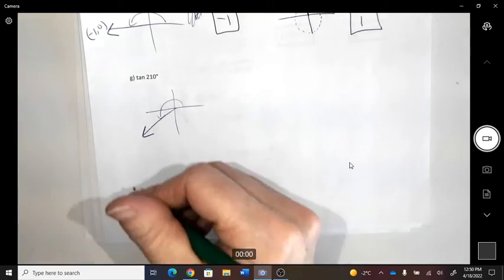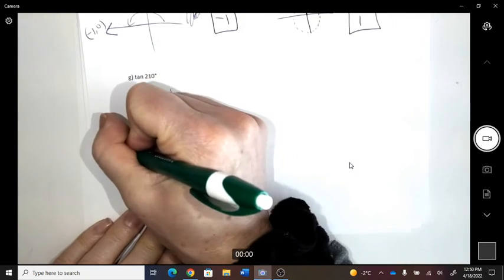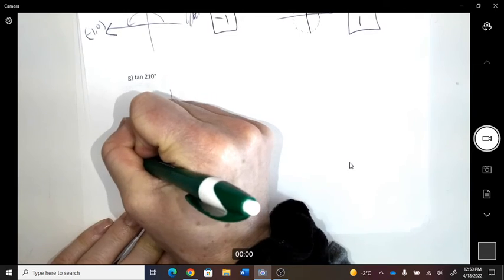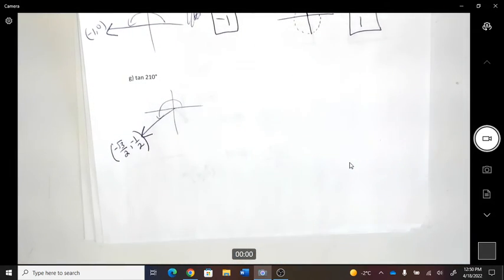Okay, 270, sorry, 210, and you're looking at a unit circle. So that's what your coordinate will be that you're looking at.